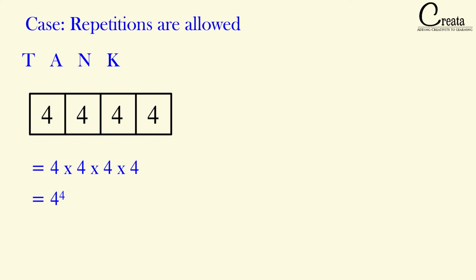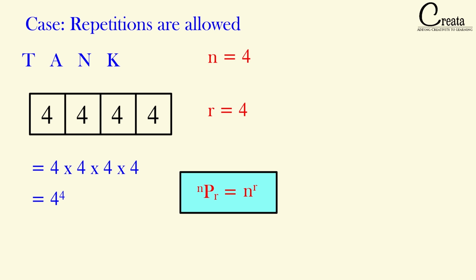Here n is equal to 4, that is 4 letters are given, and the number of vacant places, that is r, is also equal to 4. Our answer is 4 power 4, that is n power r. The formula of permutation where repetition is allowed is n power r.